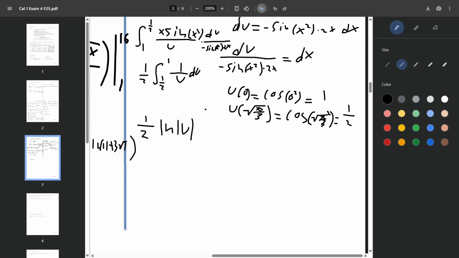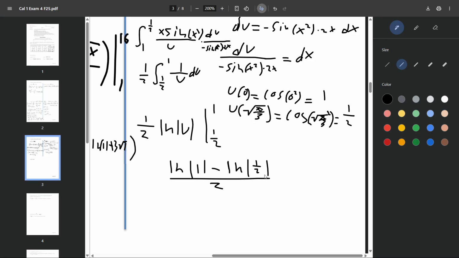However, what we will need is the 1 over 1/2, because we need to calculate the upper bound minus the lower bound. So we are going to make it a bit easier, since both of them are going to have 1/2, we're going to do ln of absolute value of 1 minus ln of absolute value of 1/2, all over 2.